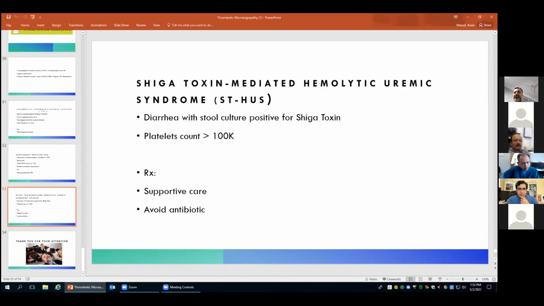So in places where plasmapheresis is not available, the message that we usually give is that you at least start with plasma infusions. In itself, there are very few controlled trials comparing plasma infusion versus plasmapheresis.